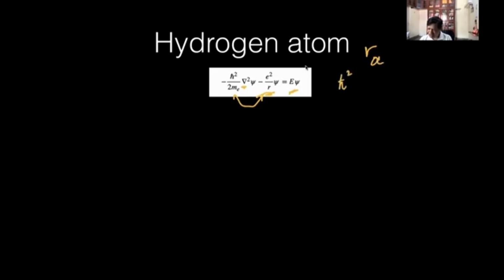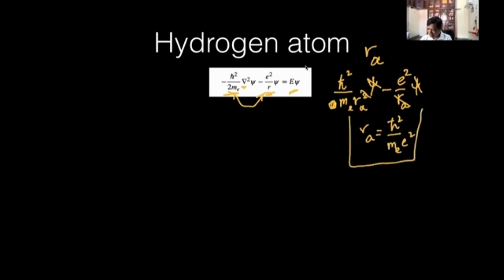So what is the dimension of the first term? h bar squared by 2 m_e, ignore the 2, it is a number, and the nabla is a second derivative with length. That is the dimension of the first term. The second term is e squared by r, times psi. So psi cancels, and R_A equals h bar squared by m e squared. This is the length scale of the system.